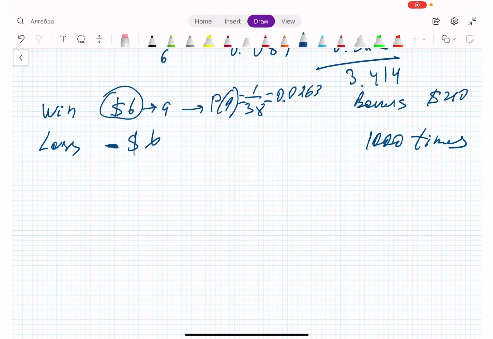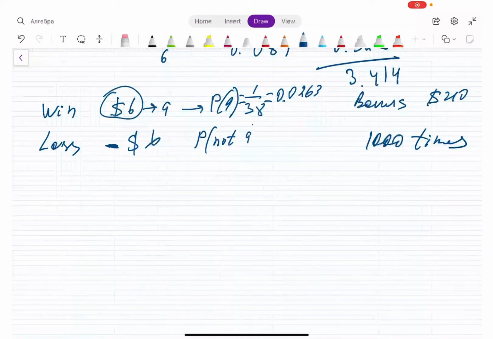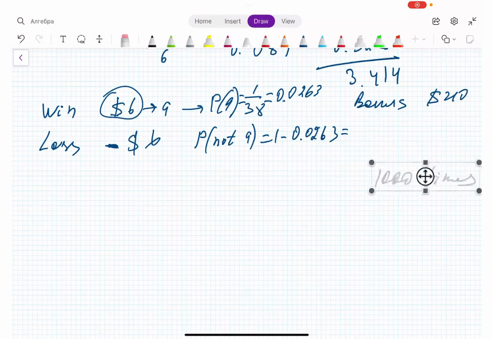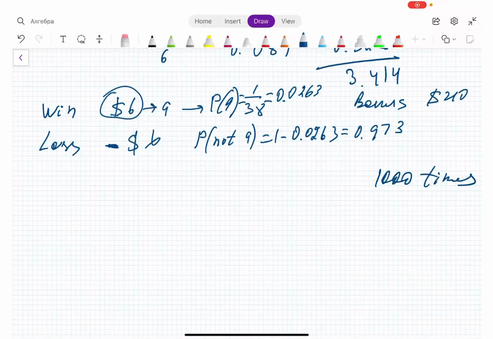If winning is 0.0263, then the probability for loss, which is not 9, is 1 minus 0.0263. That will be 0.9737.